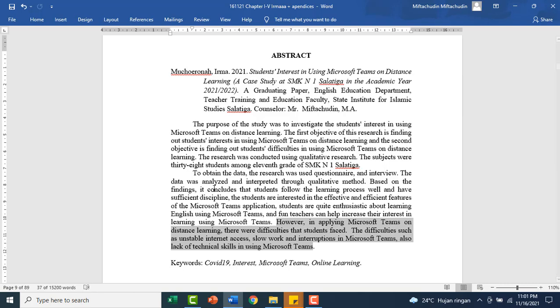And we do not need to put something more that does not come from the findings of the research. So that's the easiest way to make an abstract, making the summary and then following the order without creating or inputting more or less based on the result of the research.